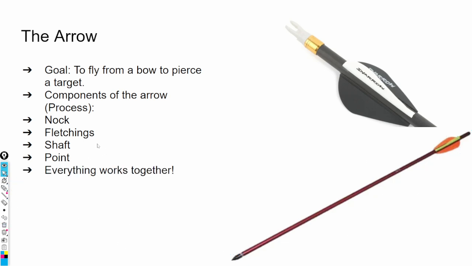So we can even take this one step further as well, when we visualize what the arrow is a part of, right? So if we want to shoot the arrow, we need the bow. The bow needs to have a string. It also needs to have a rest for the arrow to lay on.